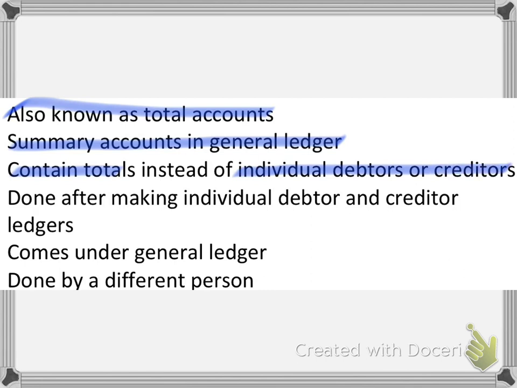Now we all make debtors or creditors ledgers, right? After we make the debtors or creditors ledger, we'll be making this control account. So the totals of those ledgers will be taken into the control account. That is why it is a summary account. It comes under the general ledger and it is done by a different person.